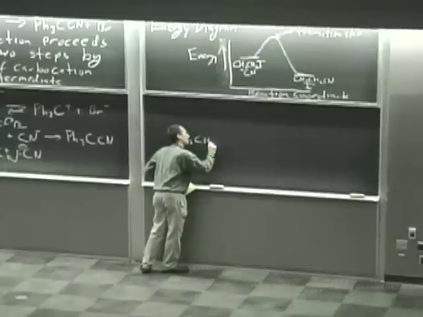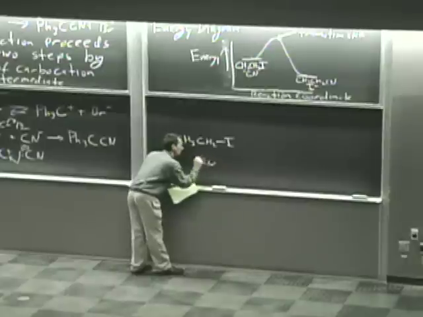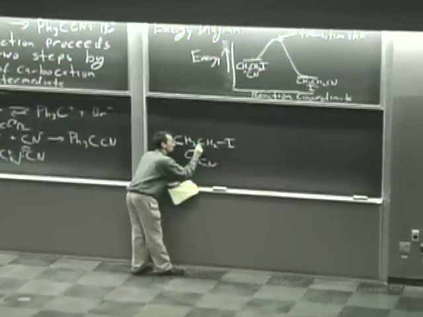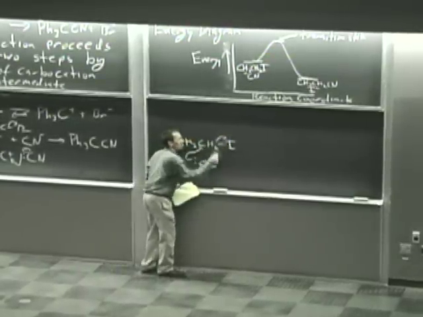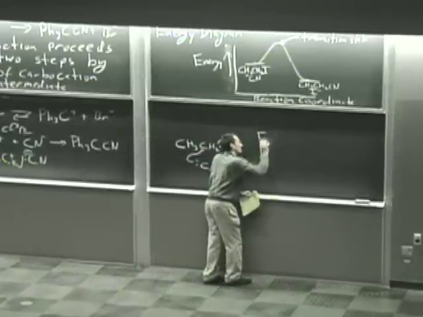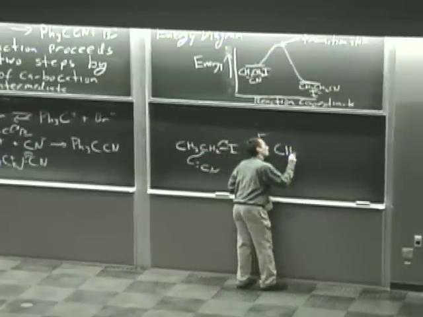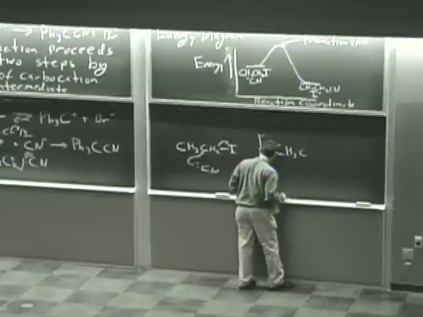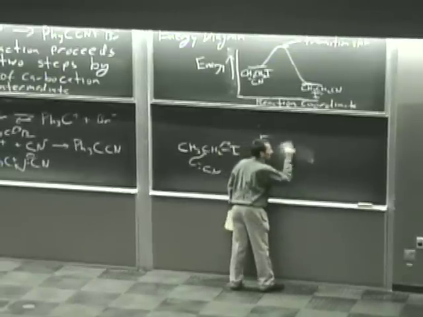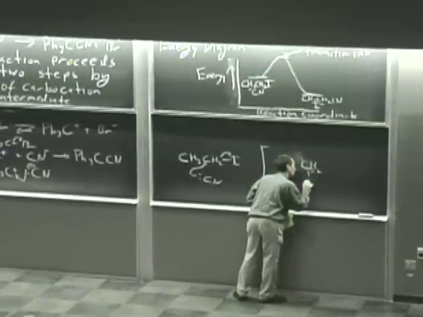As I said, the cyanide is coming in. We're forming a bond, we're breaking a bond, and at some point halfway between, and let me write this in a way that really shows the bonds being made and broken.